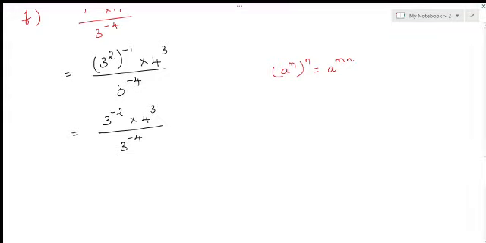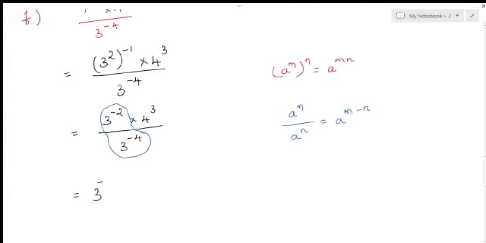Here you can observe that both the bases are same and it is in division. So a power m divided by a power n equals a power m minus n. If both the bases are same and it is in division, then we can subtract the powers.